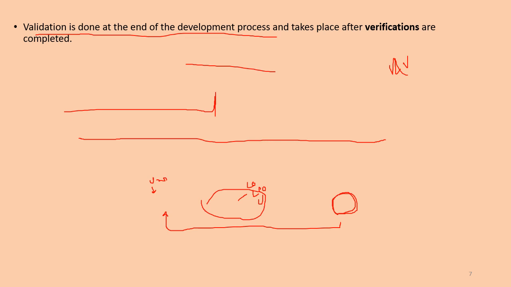It means before you perform validation, you have to perform verification, because it is important that you have implemented all the expected functionality. Whether it satisfies the need of everyone is a different task, but whether you have implemented this functionality or not is important.